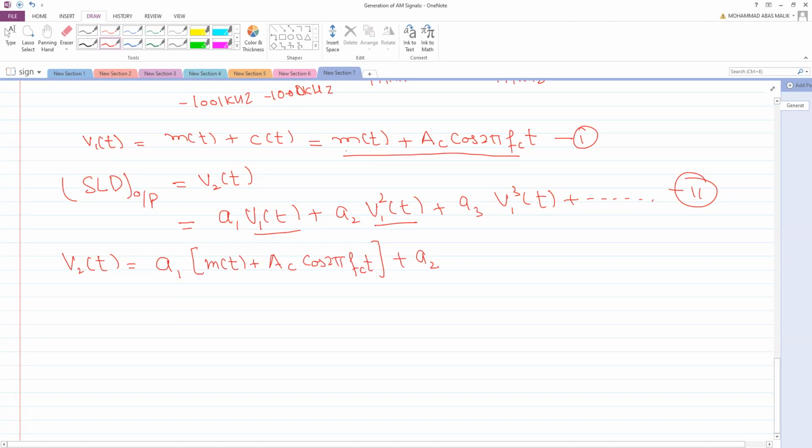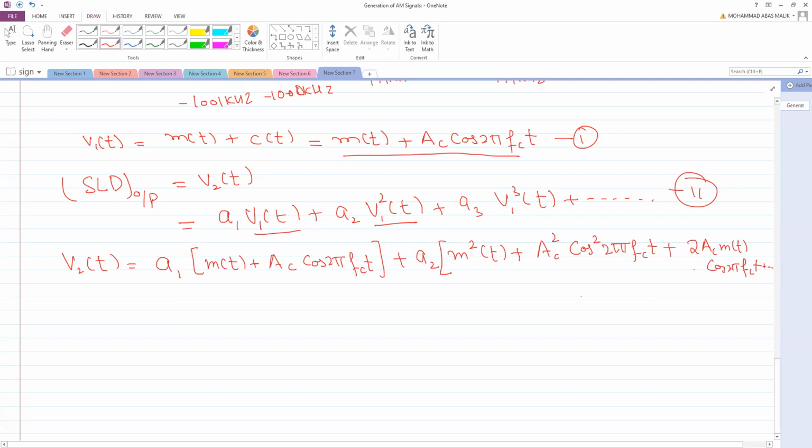Done. Similarly, plus A2 into V1 square. You just square this, putting in the value of V1 of t. It is (A plus B) whole square, which will be A square plus B square plus 2AB. Then you will get the final value as m square of t plus Ac square cos square 2 pi fc t, then 2AB, which is 2 Ac m of t into cos of 2 pi fc t, plus so on.